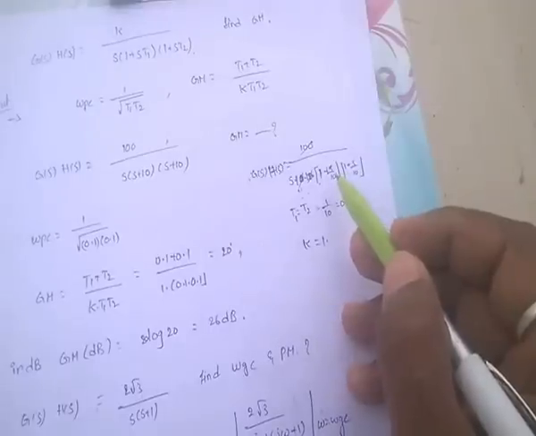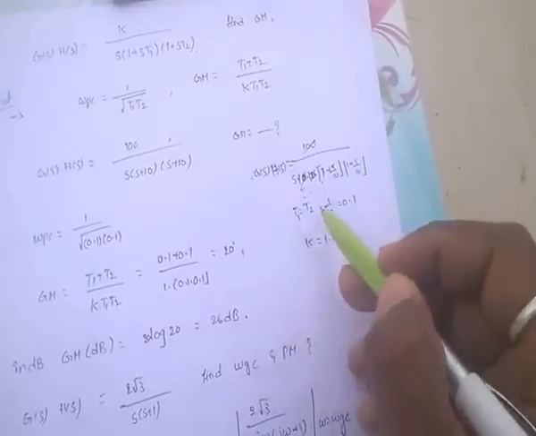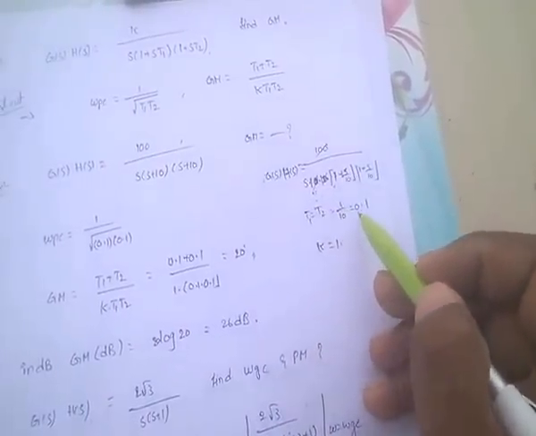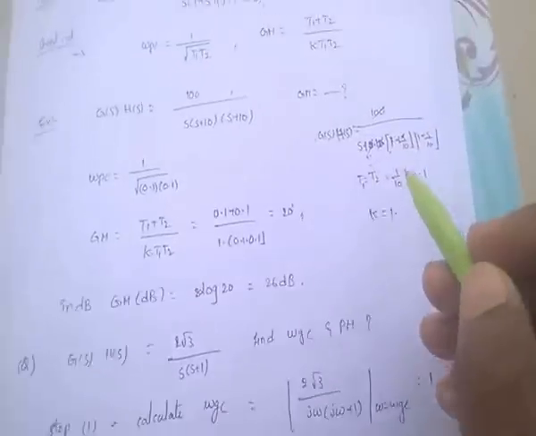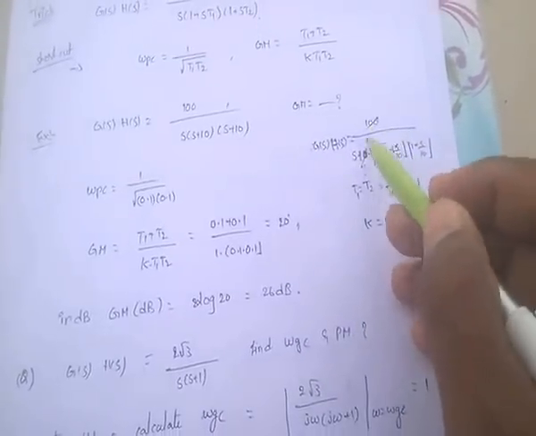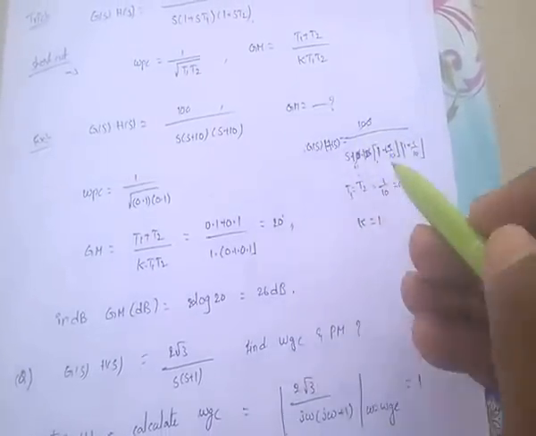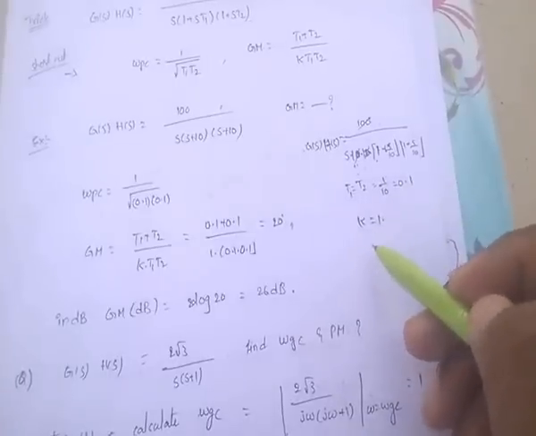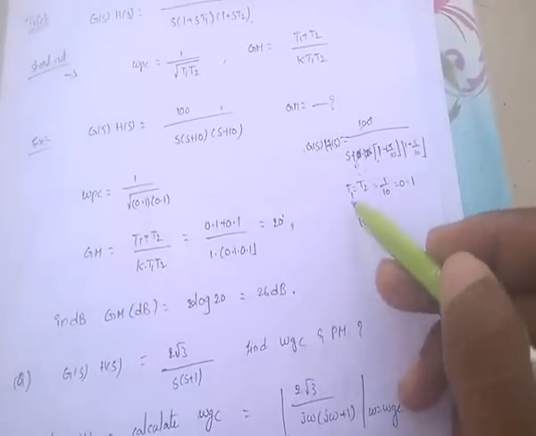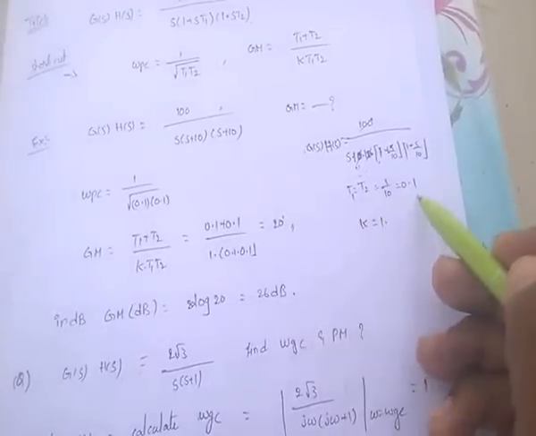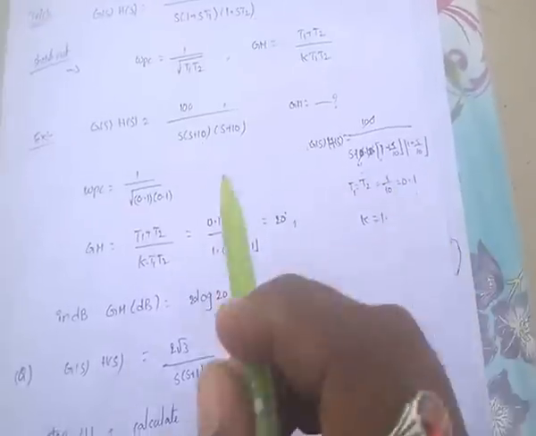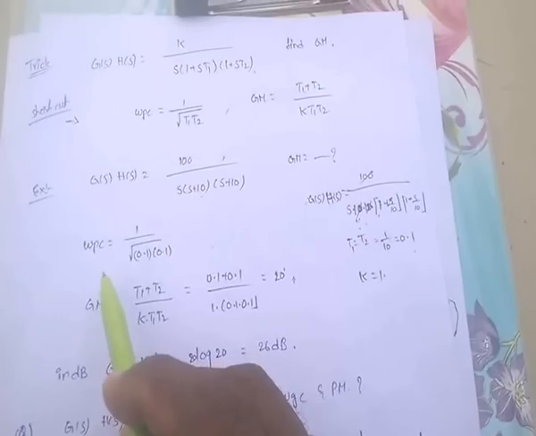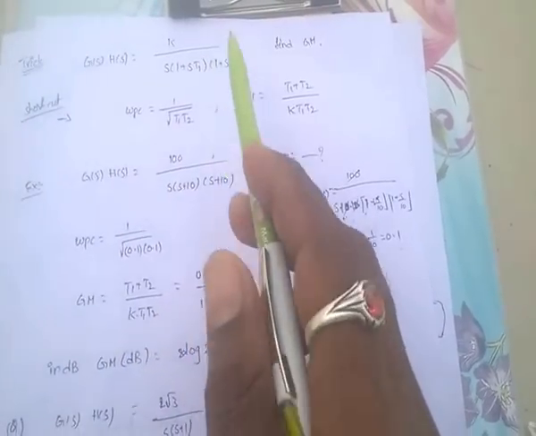What is in the place of T1 or T2? T1 equal to T2 equal to nothing but 1 by 10, that is 0.1. And this K also, 100 cancel means K equal to 1. We got K equal to 1 and T1 equal to 0.1, T2 equal to also 0.1. Substitute these values into omega PC. What is the formula of omega PC in this form?